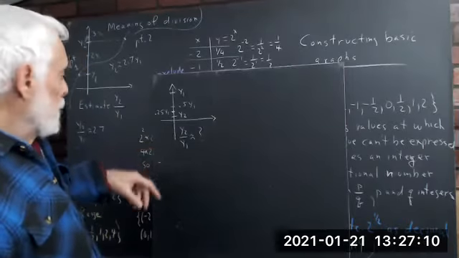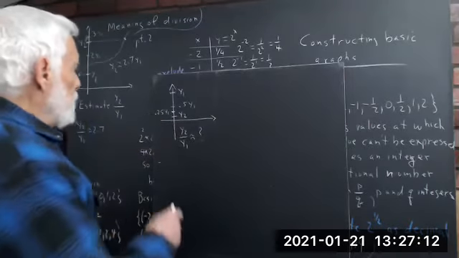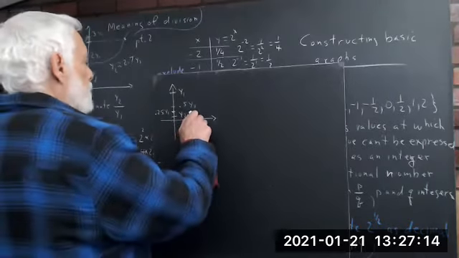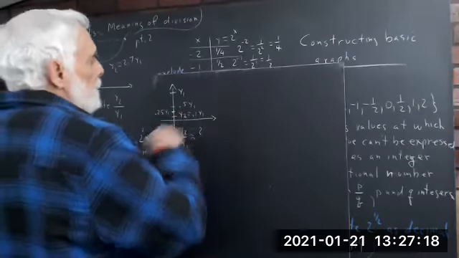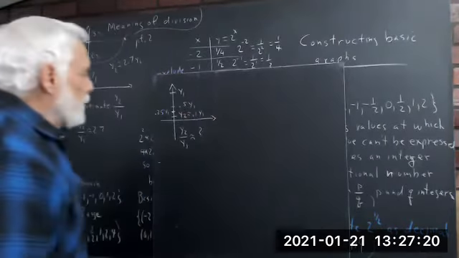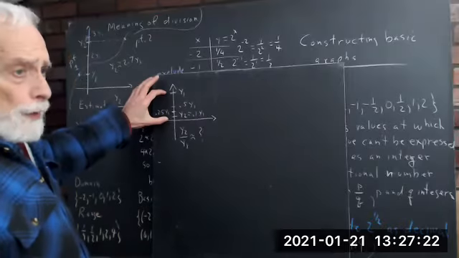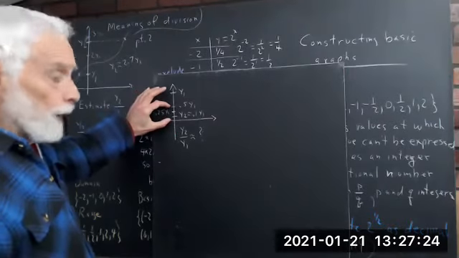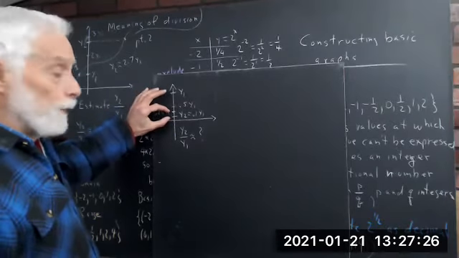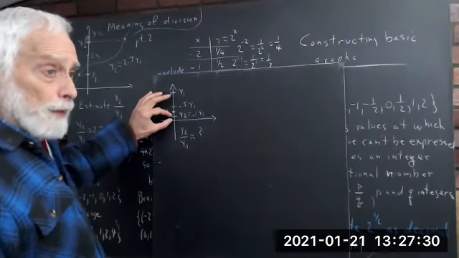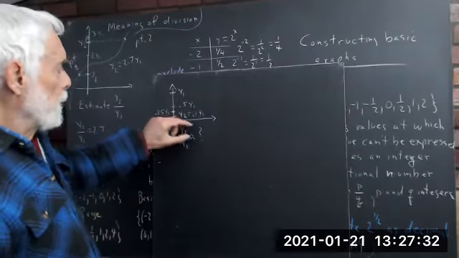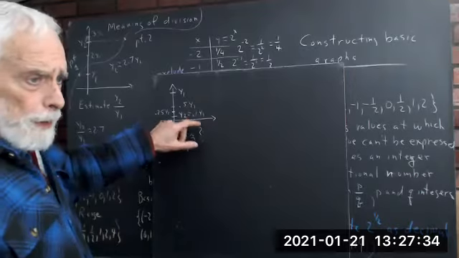I'm thinking if this is 0.25 y1, this looks like it's maybe about 0.1 times y1. In other words, whatever this is, half of it, this is a fourth of it, and down here would be an eighth of it, and an eighth is pretty close to a tenth, and a tenth is a pretty good estimate.